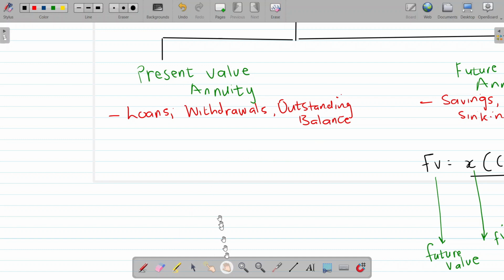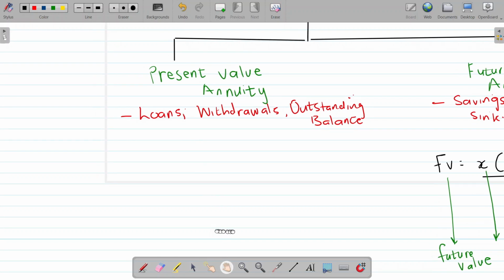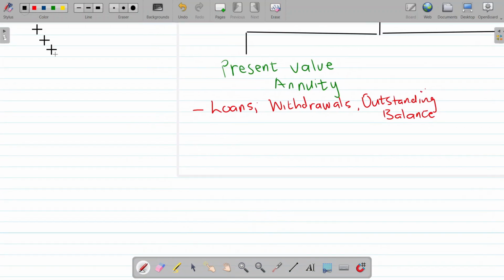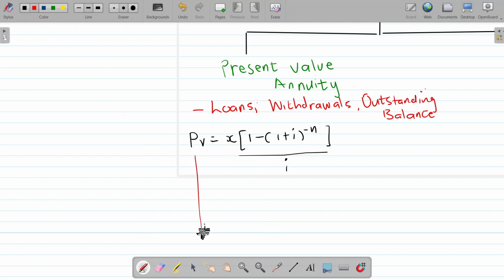First and foremost, let's have a look at the formula for the present value. The present value formula is PV equals X times (1 minus (1 plus I) to the power of minus N) all over I. That is your present value formula. So P over here is your loan amount.